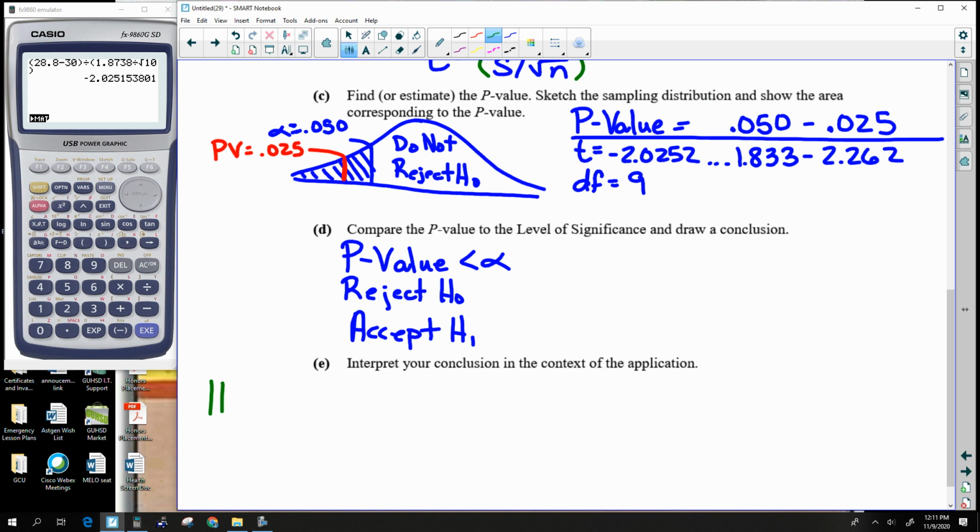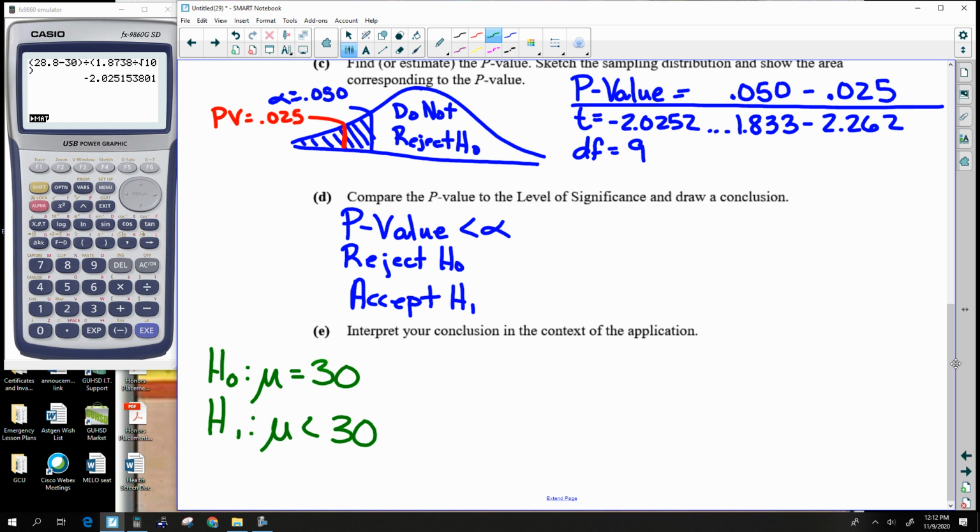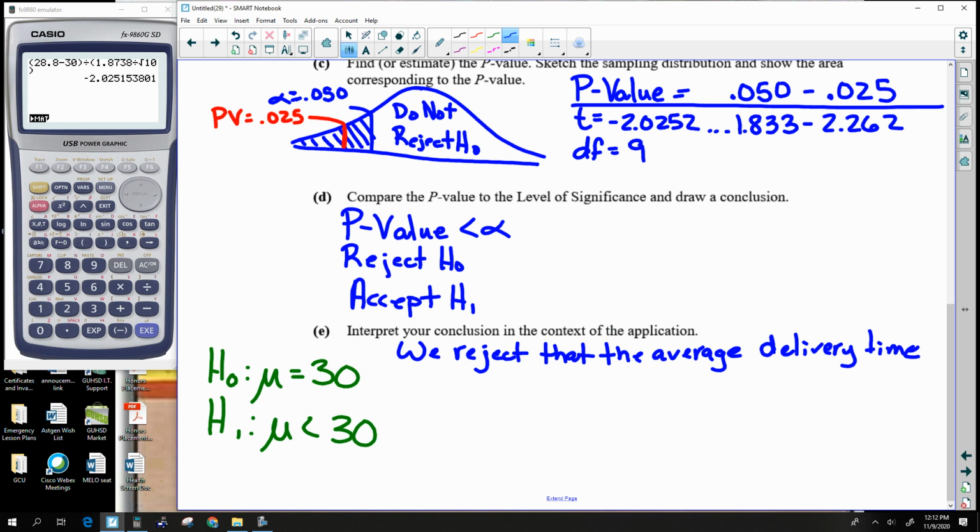And so H naught was that the delivery time, the average was equal to 30 minutes. The alternate was that the average is less than 30 minutes. So we reject H naught, accept H1. Mu is equal to 30.